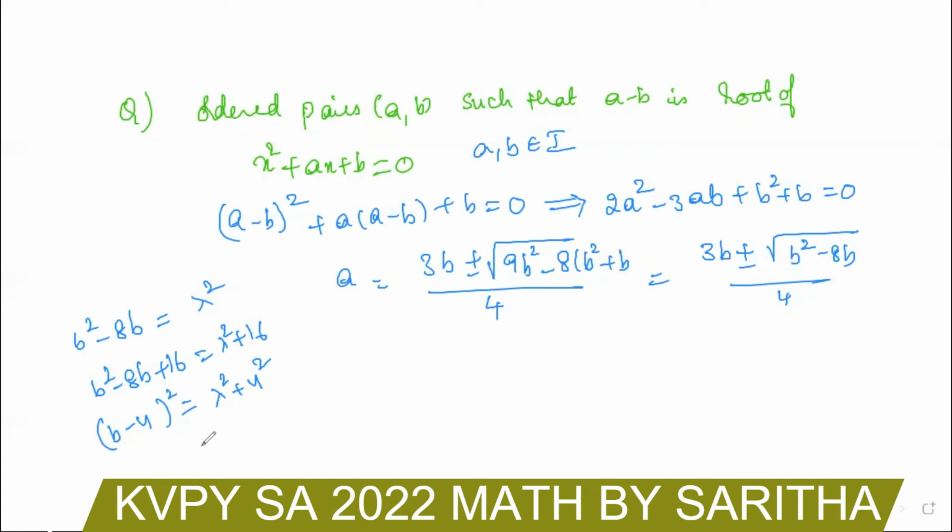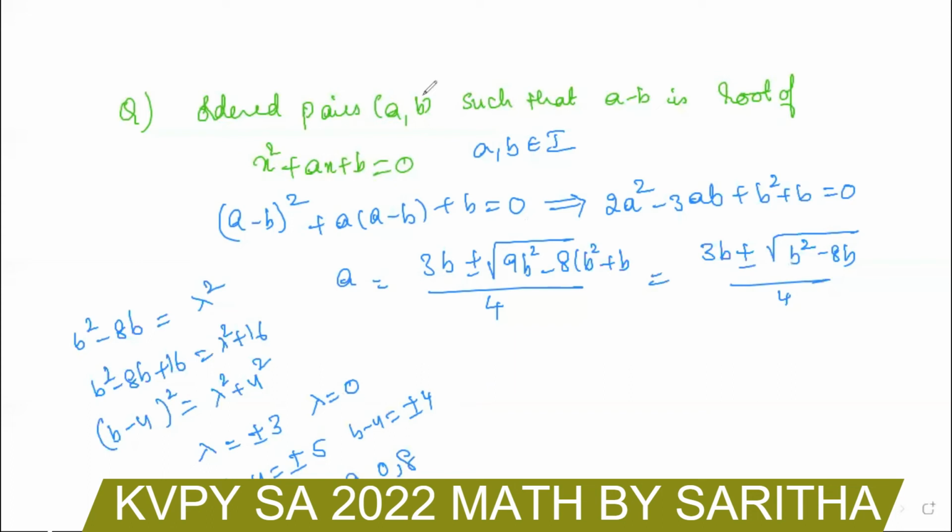So one of the lambda values can be plus or minus 3. And when lambda is plus or minus 3, B minus 4 will be plus or minus 5. Other value of lambda which we can get is lambda equal to 0, then B minus 4 is equal to plus or minus 4. So this way we get the B values as negative 1 comma 9 and 0 comma 8.